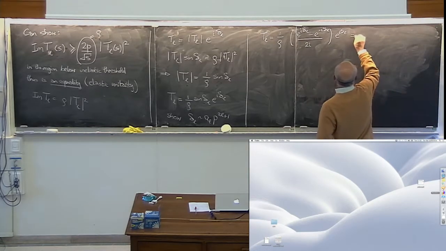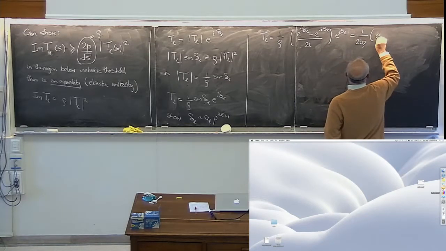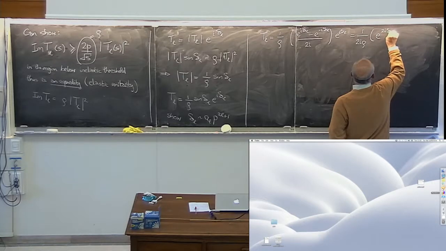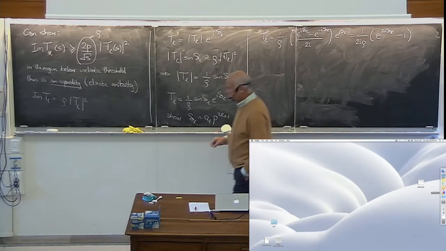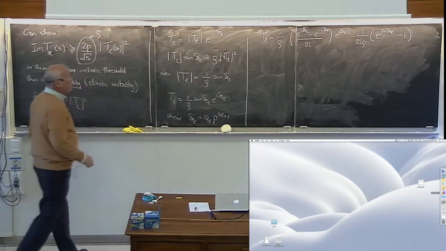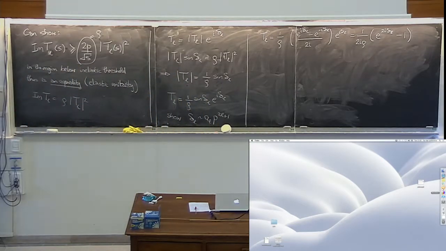And then this is equal to 1 over 2i rho (e to the 2i delta L minus 1). So that's the representation of the amplitude in the region of elastic unitarity.